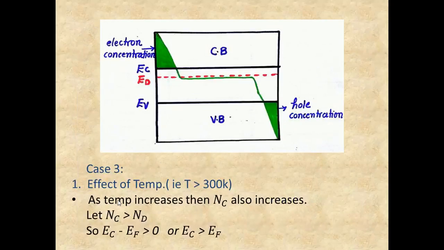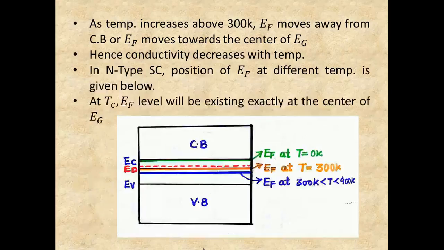Case 3, effect of temperature, that is when temperature is greater than 300 Kelvin. When temperature is greater than 300 Kelvin, as temperature increases, then N_C also increases. Now let's suppose N_C is greater than N_d. EC minus EF is greater than 0, or EC is greater than EF.